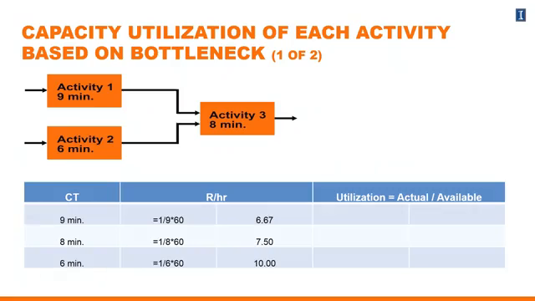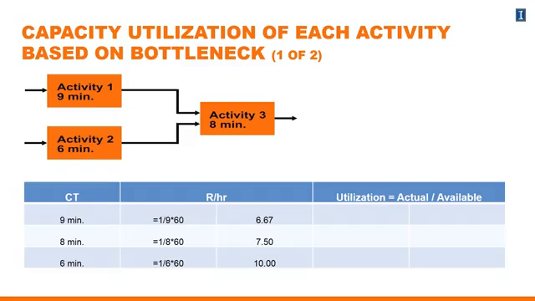So let's take this first example of computing capacity utilization based on a 3-activity process. What we have here is activity 1 taking 9 minutes to get the activity done. Activity 2 is taking 6, and activity 3 is taking 8 minutes.